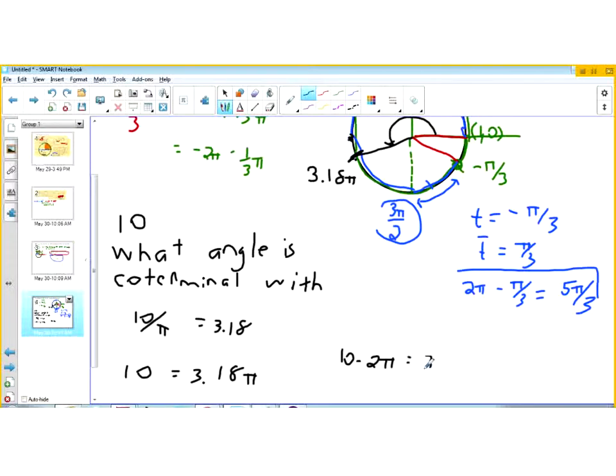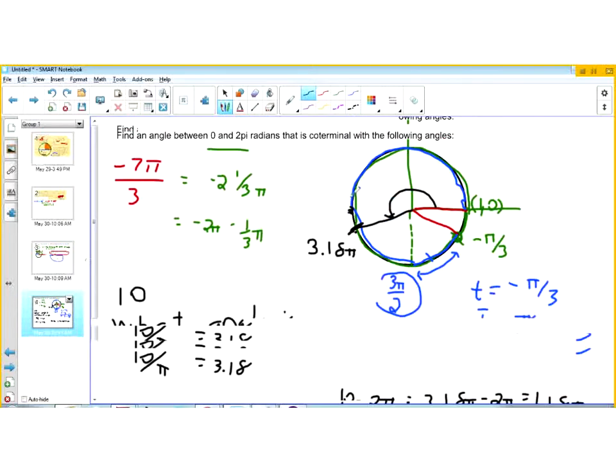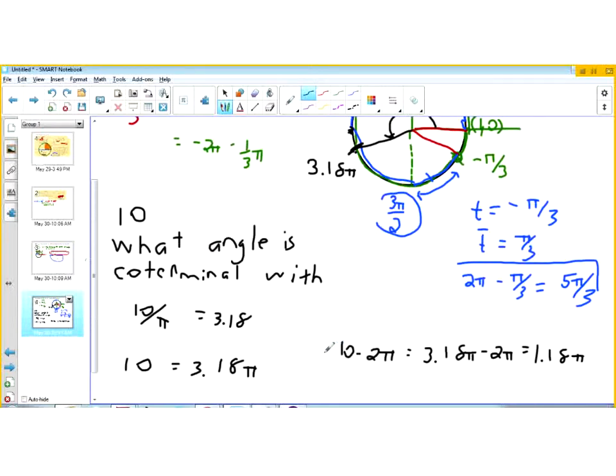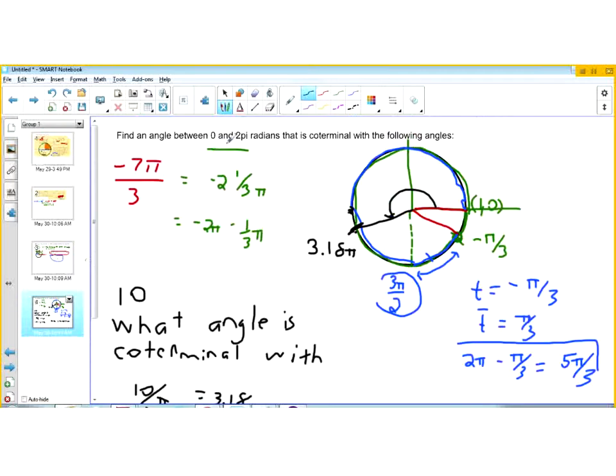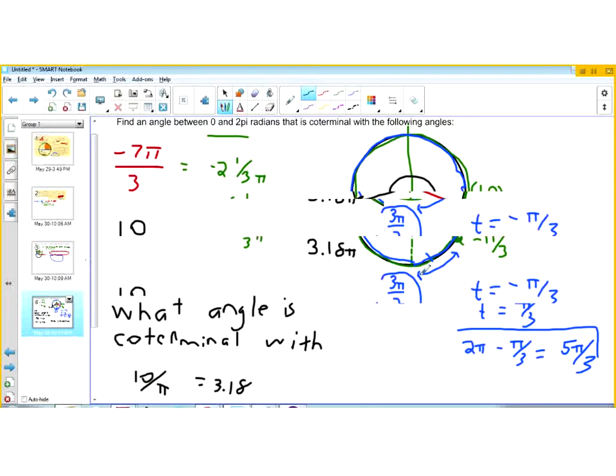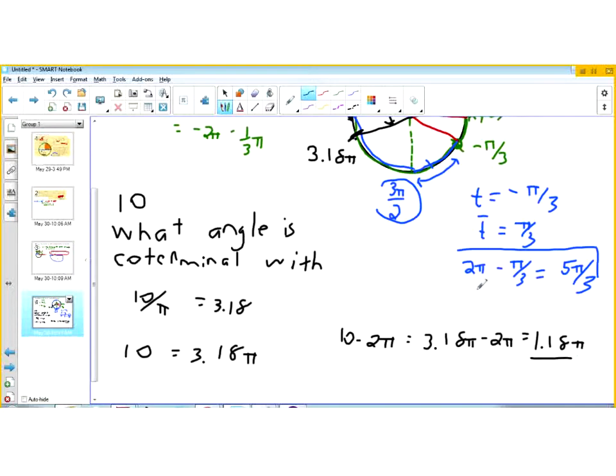And it happens that 10 minus 2 pi is 3.18 pi minus 2 pi, which is equal to 1.18 pi. And of course 1.18 pi is between 0 and 2 pi, right? So I know I'm in the range, and I know it's coterminal.